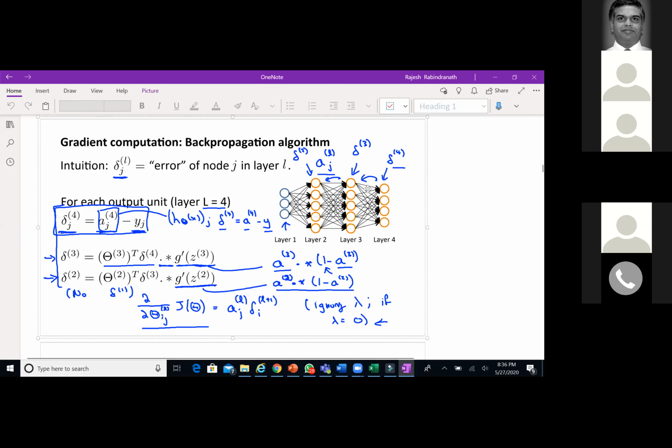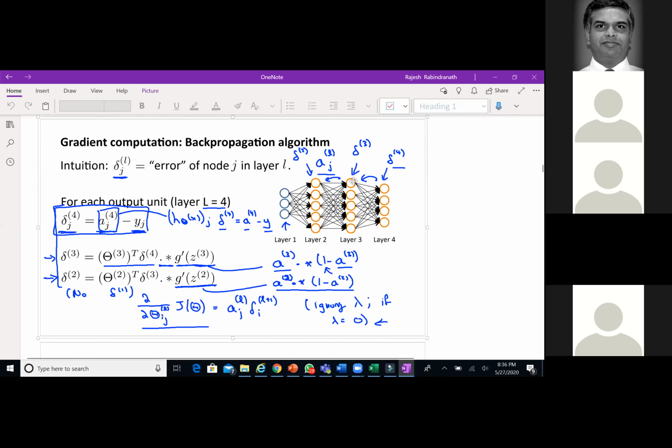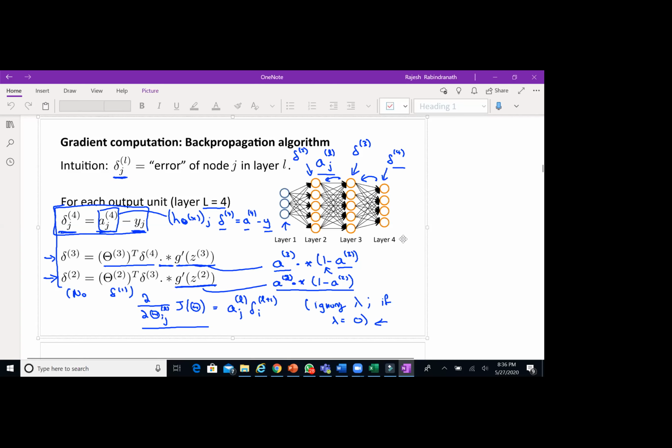So there are 1, 2, 3, 4 weightages for this node. If this is x0 and this is x1, how many weightages are there? Again 4. So for each one, there are 4 weightages. That is why theta is a matrix.